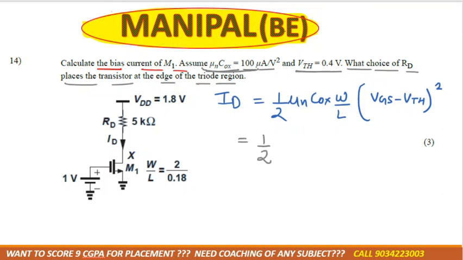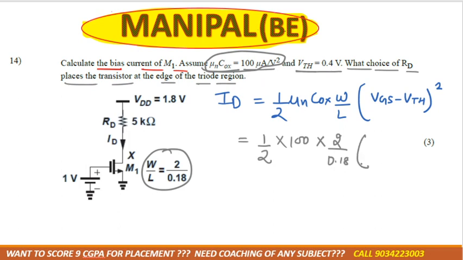Mu n into COX they have given 100 microampere. W by L they have given, that is 2 divided by 0.18. Okay, now VGS they have given, and VTH they have given.